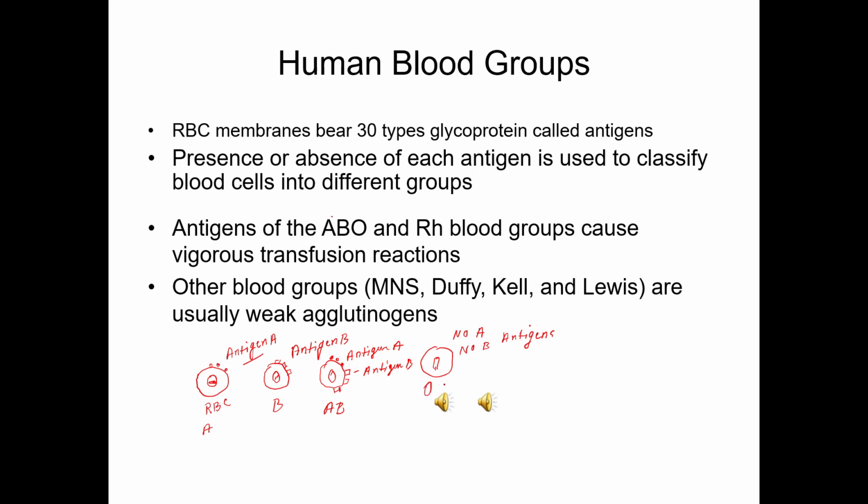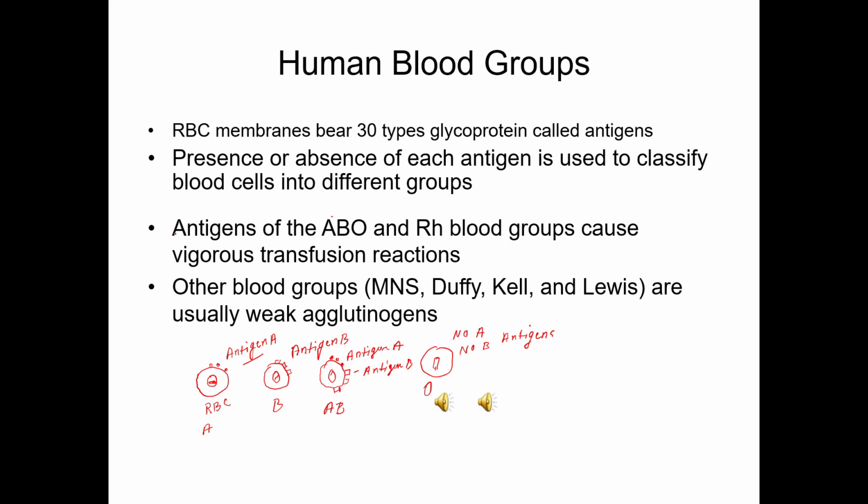O. So what type of antigen is present on the surface of the red blood cell determines the blood type. If A is present, type is A. B antigen is present, type B. A and B both are present, blood type is AB. None of those, blood type is O.